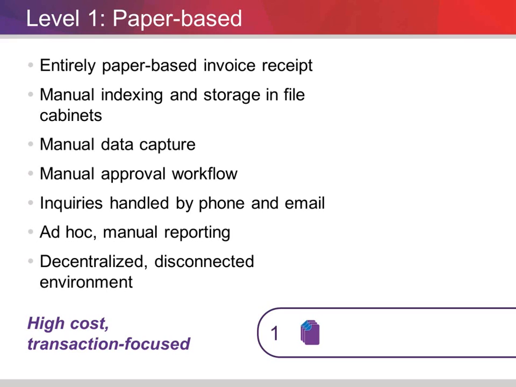Of course, manual data capture, this is where the costs start to really come into play in an AP environment. APQC estimates that 60% of the median AP costs are associated with labor, and many of those costs are associated with keying. Paper environments have manual approval workflows, what I call the sneaker brigade. You've got to find ways to get those invoices routed to somebody's desk.